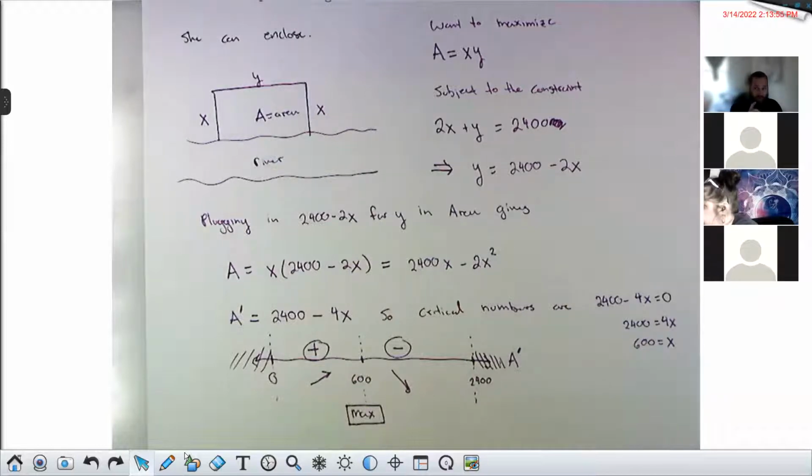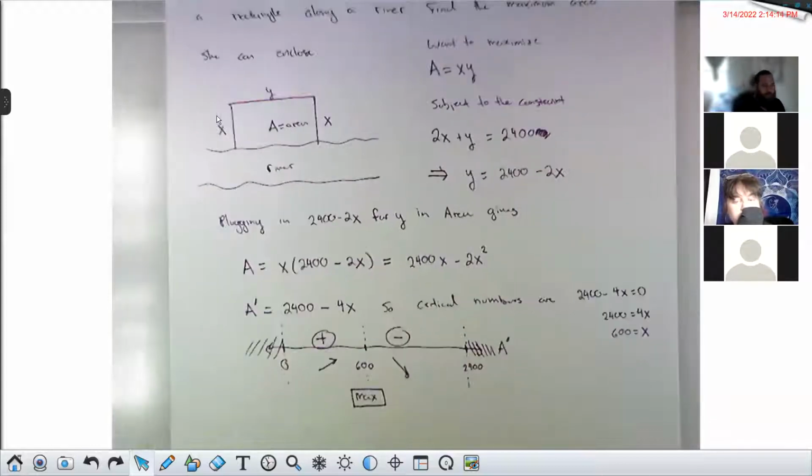But that's not the question they asked, right? x is this length right here. They asked, what is the maximum area we can enclose? So to find that max area, we need to compute the area when x is 600. And we can do that by plugging into here.